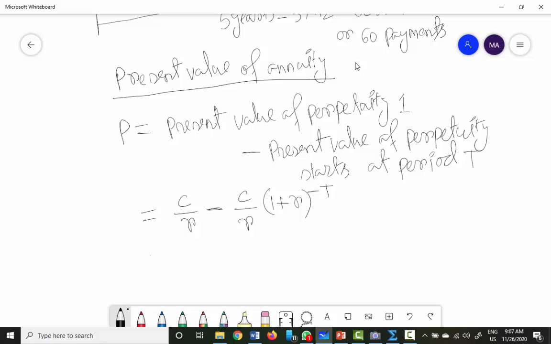So this is the formula. I will show you the detailed derivation of this annuity formula at the end, in lecture series 4 or lecture series 5.